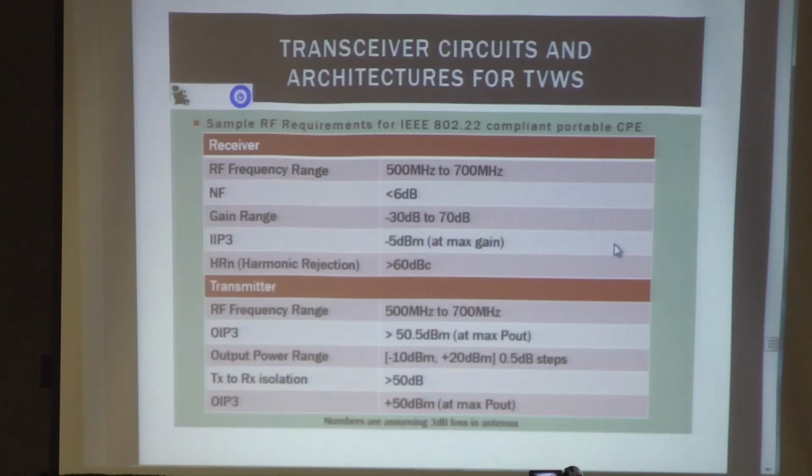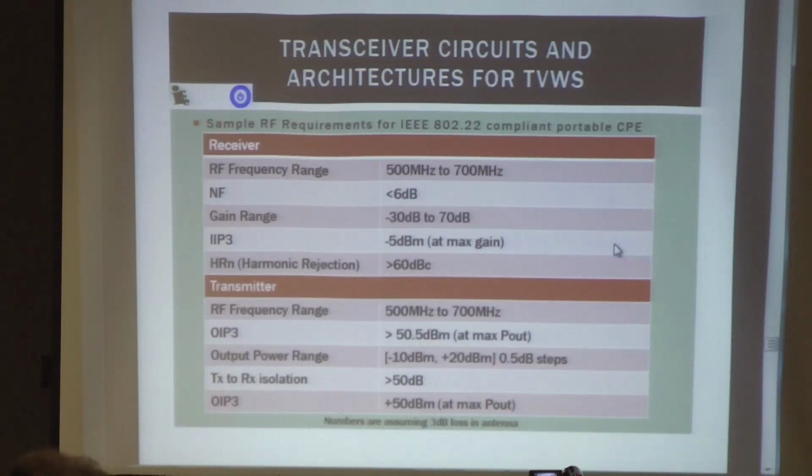And there are also harmonic rejection requirements. The reason we need harmonic rejection is that, as we all know, LO signals these days, especially at UHF frequencies, are pretty much square waves. Square waves generate harmonics. If you look at the spectrum or an FFT of a square wave, it has a fundamental at your carrier frequency, but you also have third harmonic, fifth harmonic, seventh harmonic, and so on, which are fairly strong as well.